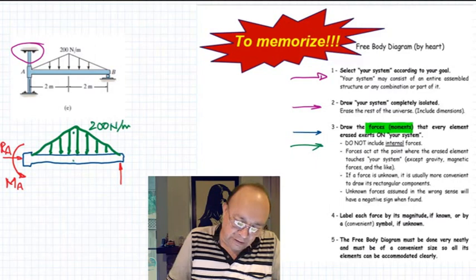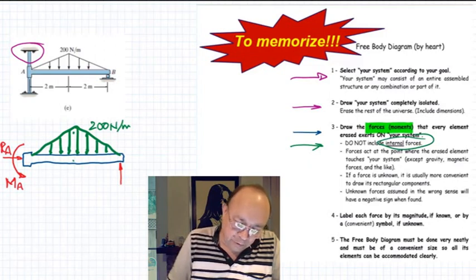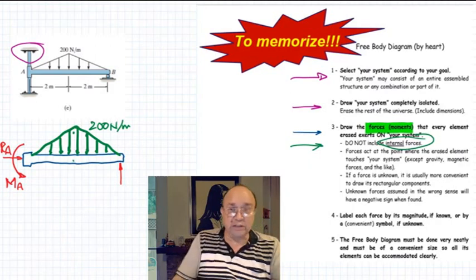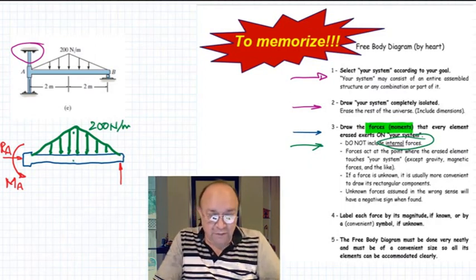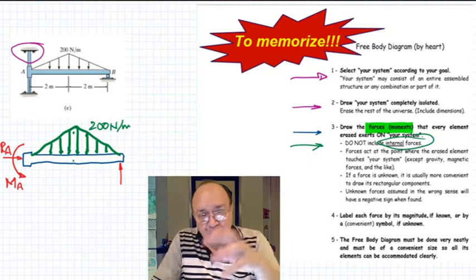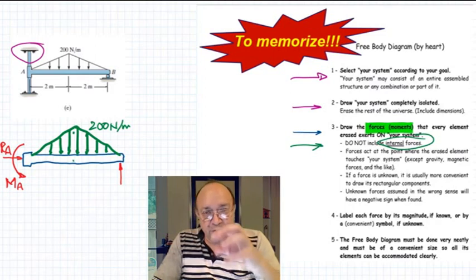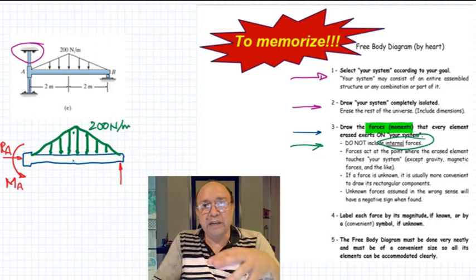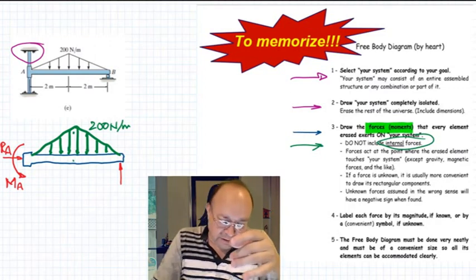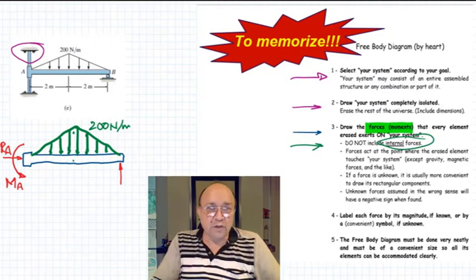Draw the forces that every element removed exerts on your system. Do not include internal forces. Forces act at the point where the removed element touches your system, except for gravity. If there was the weight of any element, that is a force that in order to apply its effect doesn't need to touch the body, the same way that magnetic forces or forces of that nature don't need to touch the body.